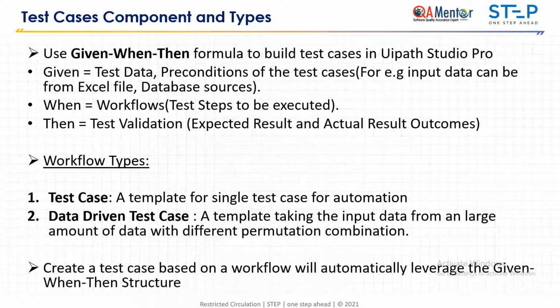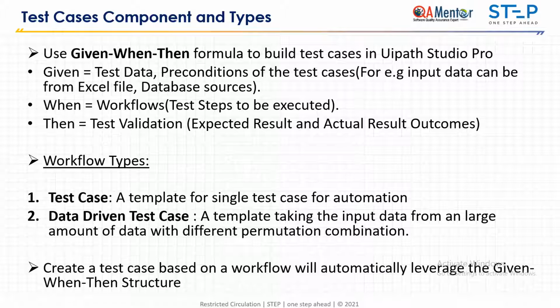So test case components and the Given When Then formula is mainly for the test cases in UiPath. Given means when we are dealing with test data or preconditions of the test cases. So any input data, Excel where we are keeping our data, multiple data for multiple iterations, then databases. So that will be provided in Given.